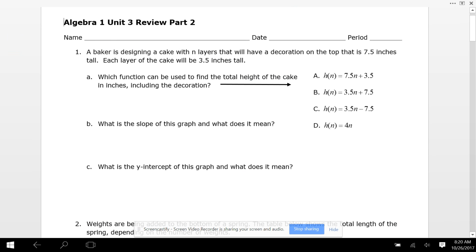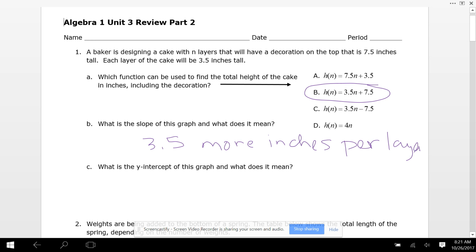Okay, so the baker's designing a cake, yada yada. So the total height of the cake is 7.5, which doesn't change, and the 3.5 is what changes each layer. Slope of the graph is 3.5 more inches per layer.